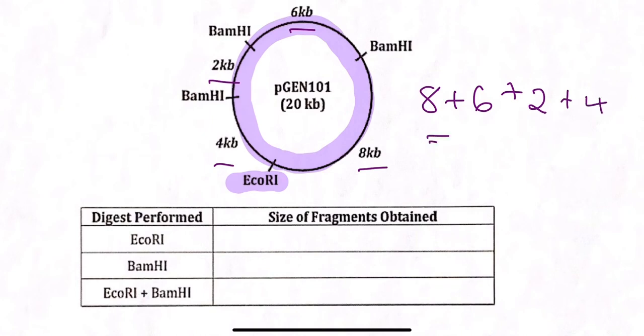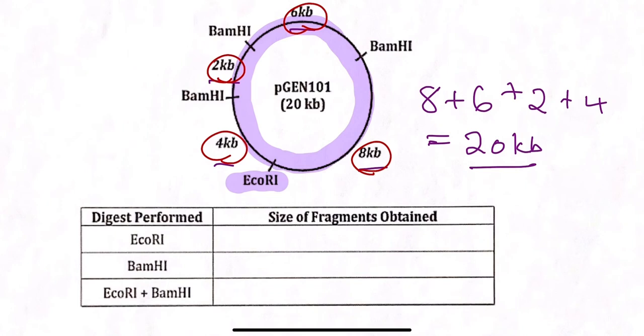That gives us a total of, you count with me, 20 kb. 6 plus 6 is 12, plus 8 is 20 kb. So we're literally looking at the different lengths of these cuts as a guide, but we're adding all of those together. The total circumference of the plasmid is 20 kb.